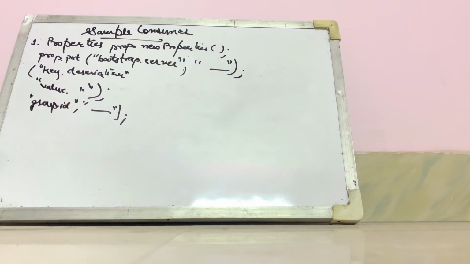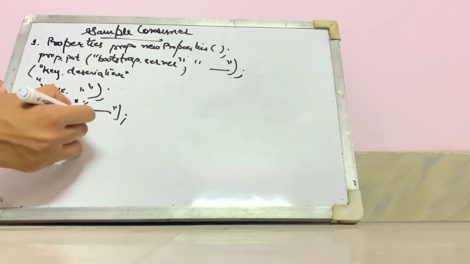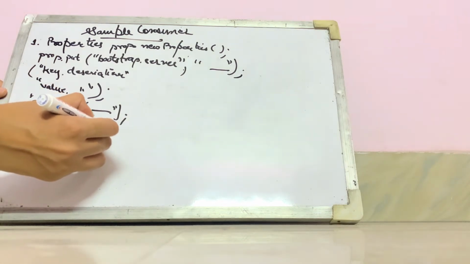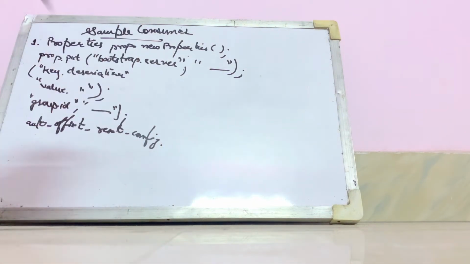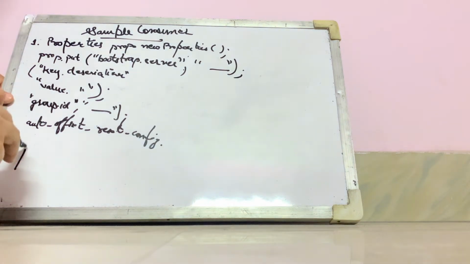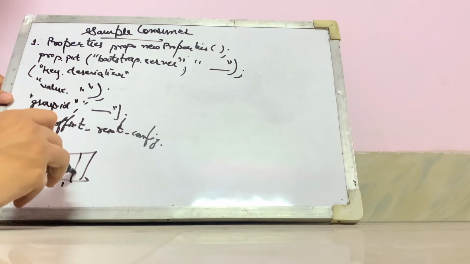Then we have the concept of offset, the auto offset reset config. I'm not sure if this is the right key name, but this is something we have. Suppose a producer has put the messages 0, 1, 2, 3 in this partition.